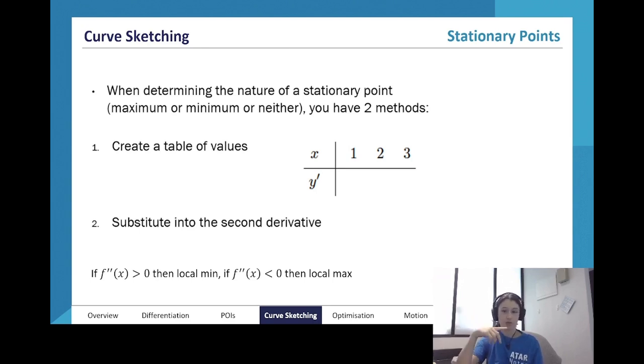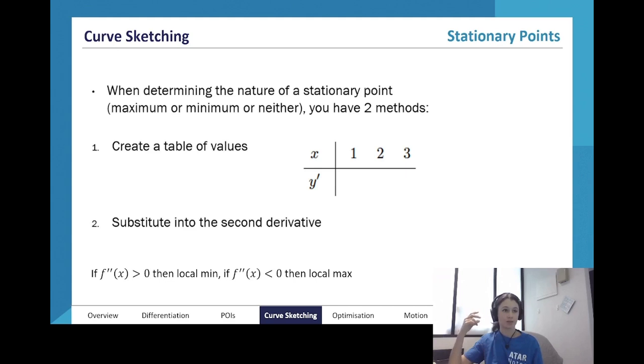Other than points of inflection, the other thing you're most likely going to be asked to label is the stationary points. Remember, the stationary points occur when the first derivative is equal to 0. You've probably gone over finding stationary points before. We're going to go over an example in a second.